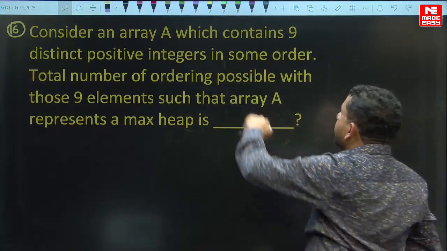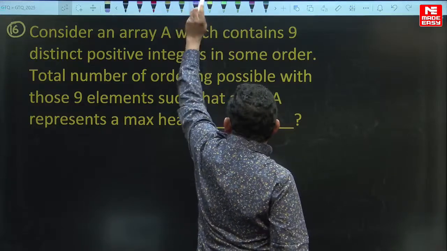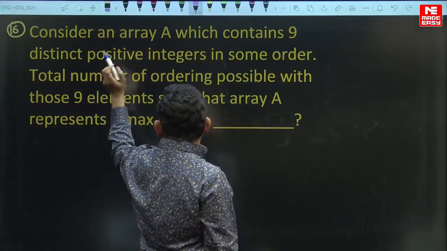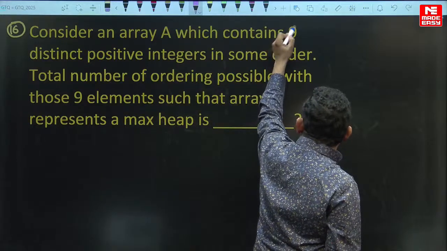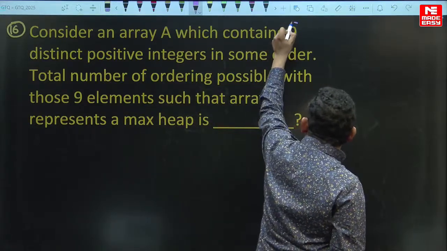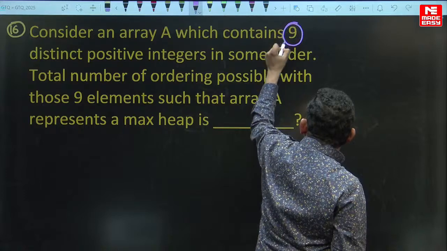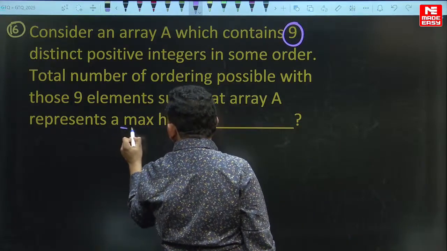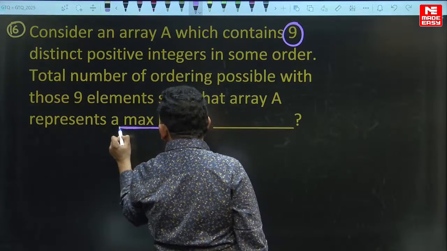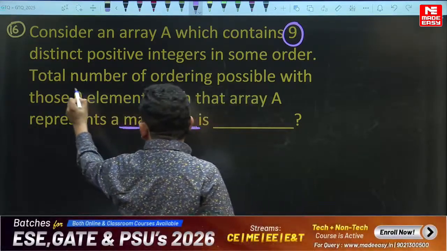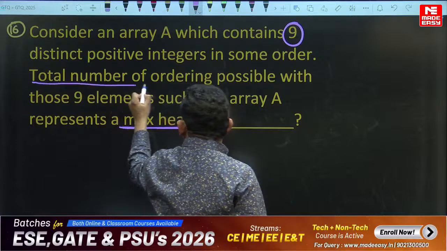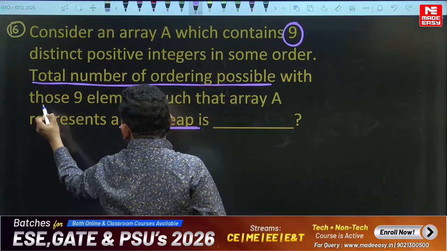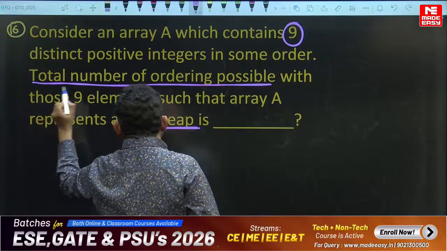Consider an array. It is a similar model question. The same model question was given 3 times in the exam; I just changed the numerical value to 9. So if it is 9 distinct elements, how many possible max heaps, that is, the total number of possible orderings to represent a max heap?